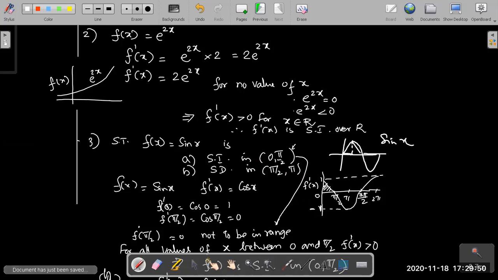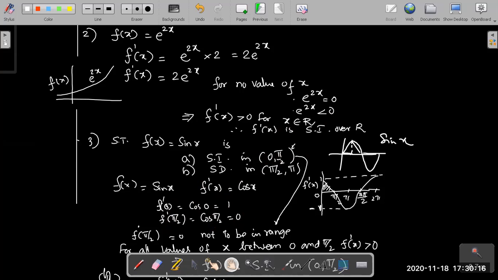Slope is decreasing. So what we have done, we have differentiated and we got f dash x, which is cos x. So in the x, we have given the limits, that means whatever is the domain, 0 and pi by 2. We give 0, cos 0 equal to 1, pi by 2, we got 0. So between that 1 and 0, that means you don't include these values pi by 2 and 0.